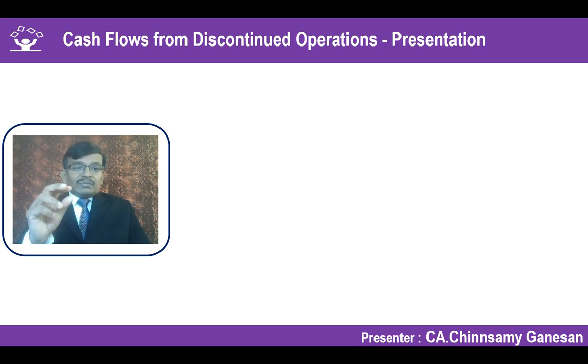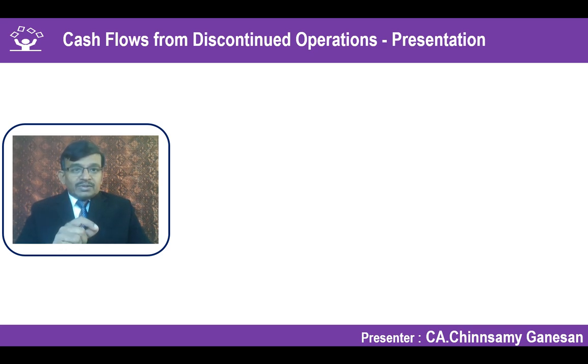The revenue from that or the related expenses will not be shown line by line in the statement of profit and loss account. Only the net result of the discontinued operation will be shown, and the taxes relating to the discontinued operation will be shown as a separate line item in the statement of profit and loss.